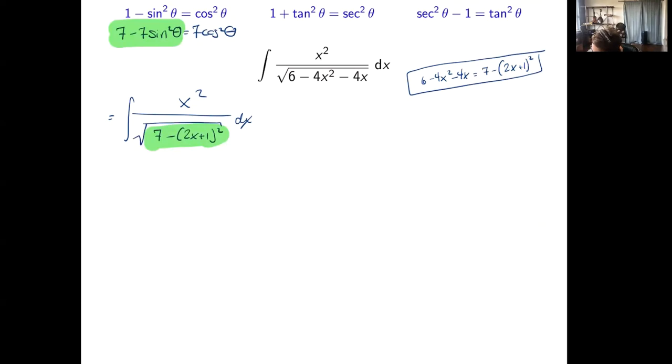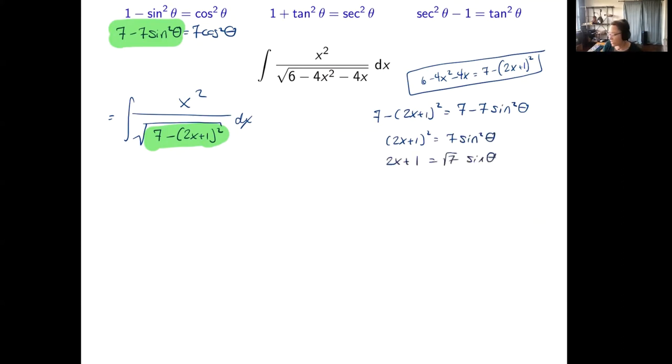So what I want is for 7 minus 2x plus 1 squared to turn into 7 minus 7 sine squared theta. That means 2x plus 1 quantity squared should turn into 7 sine squared theta. I'll take the positive square root of both sides. So this is the substitution I want to use.